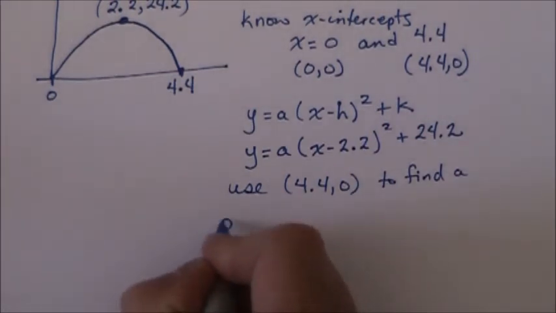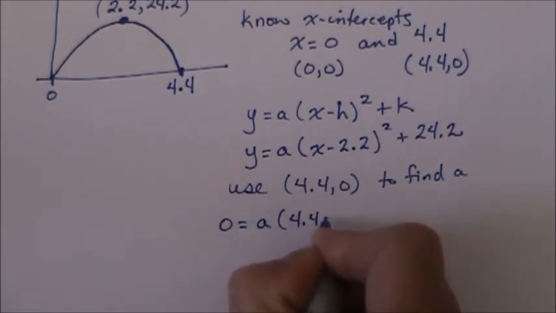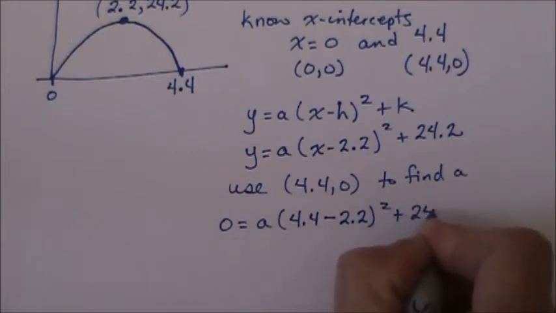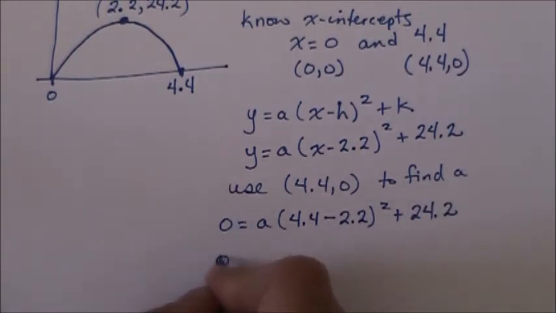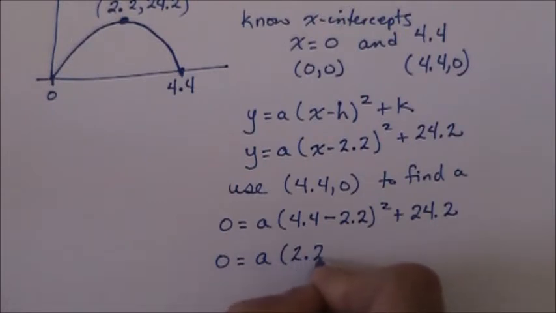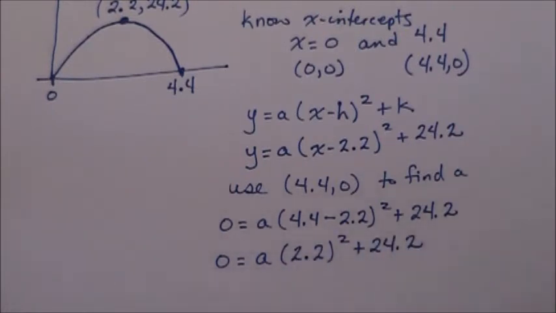Substituting in, y is now 0, x is now 4.4. Simplifying our brackets, 4.4 minus 2.2 is 2.2 squared plus 24.2.